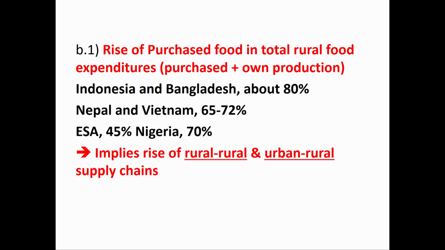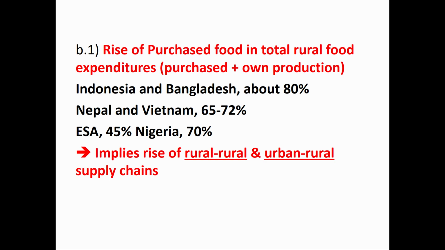The first change, and I won't go a lot into the details because of time, but often there was a discussion of net purchasers of grain in the debate in the 1970s and 1980s. But the situation has gone so far that now the share of purchased food in total consumed food in rural areas in both Africa and Asia is something like half to 3/4.